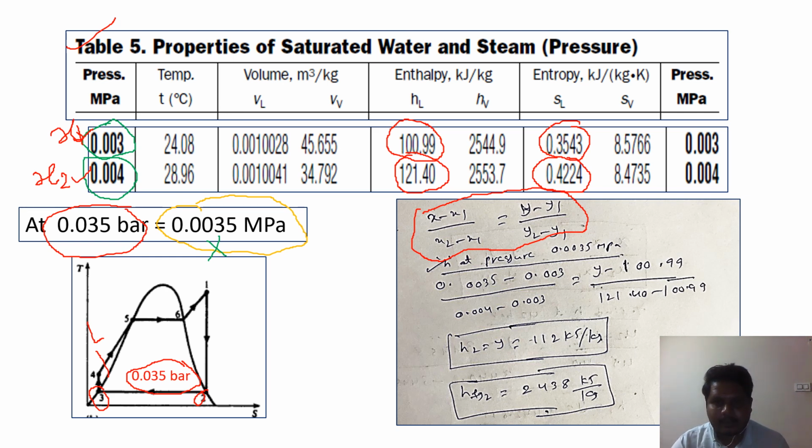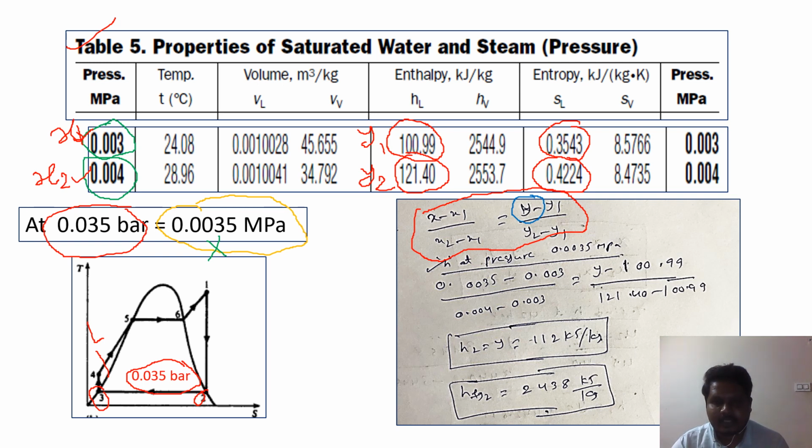Y1 value is 100.99, Y2 value is 121.40. Here we have to find the unknown Y value, that is enthalpy at 0.0035 megapascal.